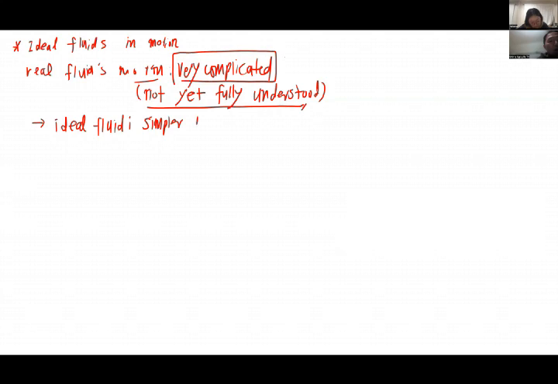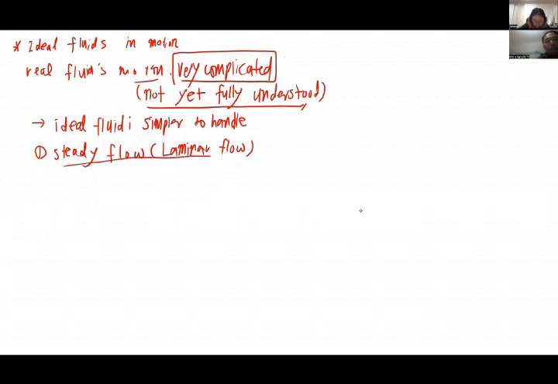It's simpler to handle, so you can easily describe the motion. So number one, in many cases we only look at steady flow, which is laminar flow. The velocity of the moving fluid at any fixed point does not change with time.